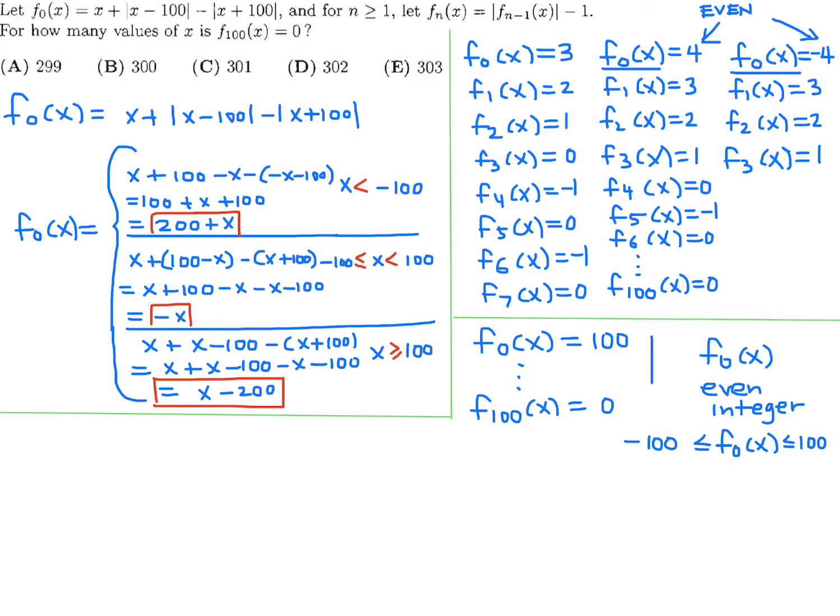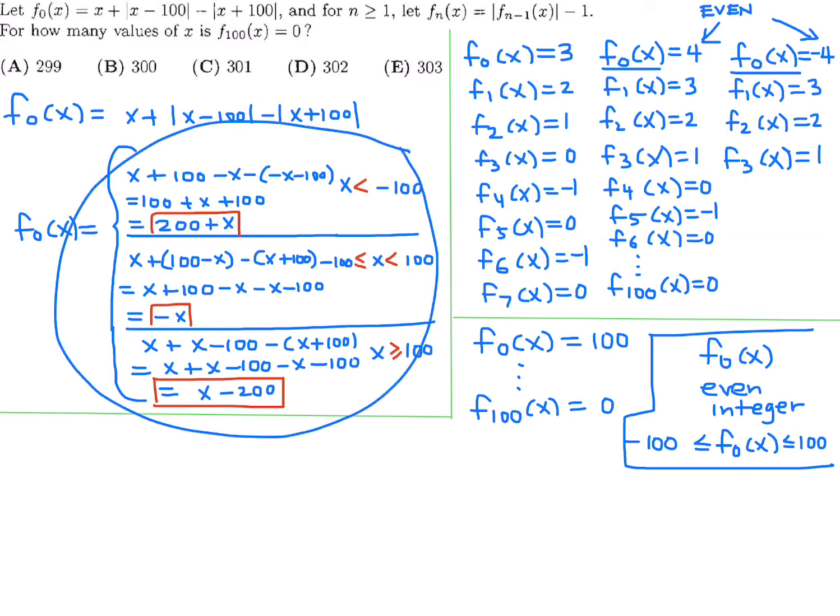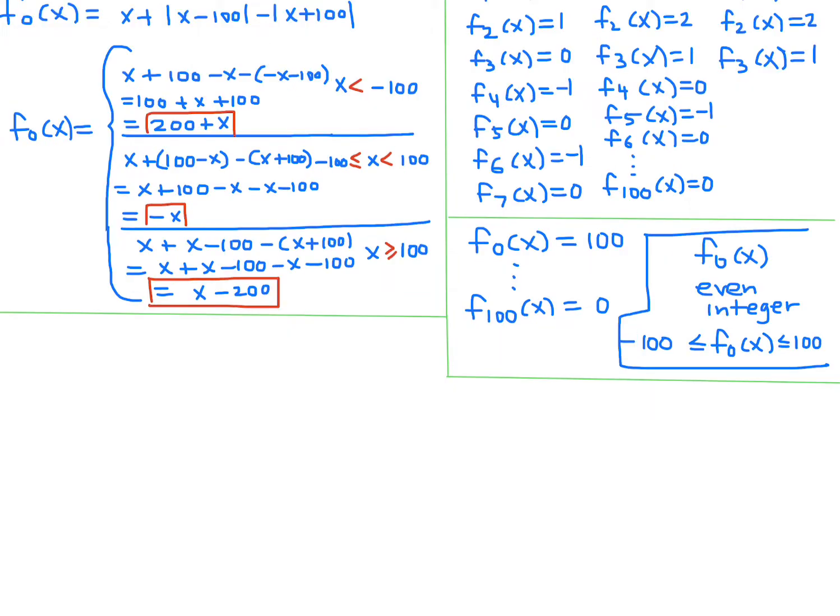So this is our rule, and that is what we are going to apply in this question to figure out how many values of x give us that equal to 0. And we're going to use this guy right here. And here we go. So for the first one right here, I have to abide by this rule.